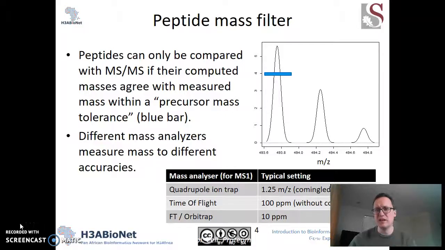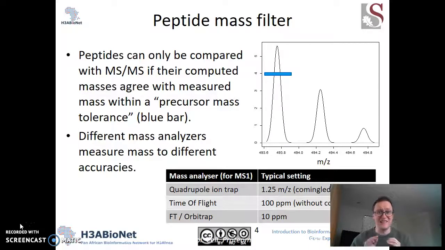It may be that we used a less accurate mass analyzer, like a time-of-flight instrument. Those are also quite accurate, but generally they're above 10 parts per million, maybe as bad as 100 parts per million in some cases. Or it could be that we had a very inexpensive mass spectrometer called a quadrupole ion trap.